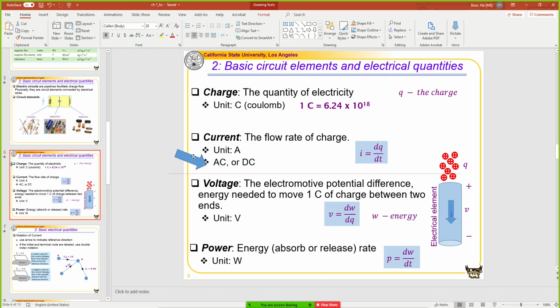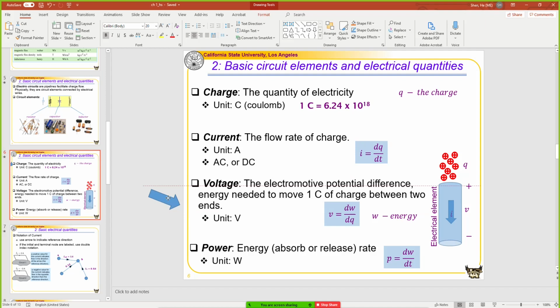The AC current represents an alternating current, so it changes in time, and the direct current doesn't change over time. From the definition, we know that the current, normally we use the symbol I to represent a current, is equal to the rate of change of a charge, so that is I = dq/dt.